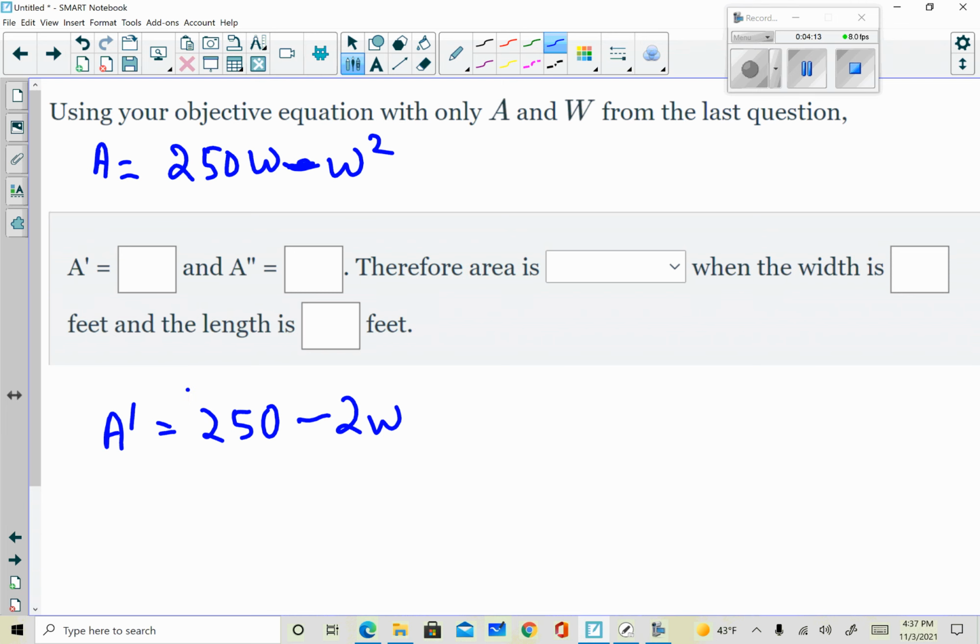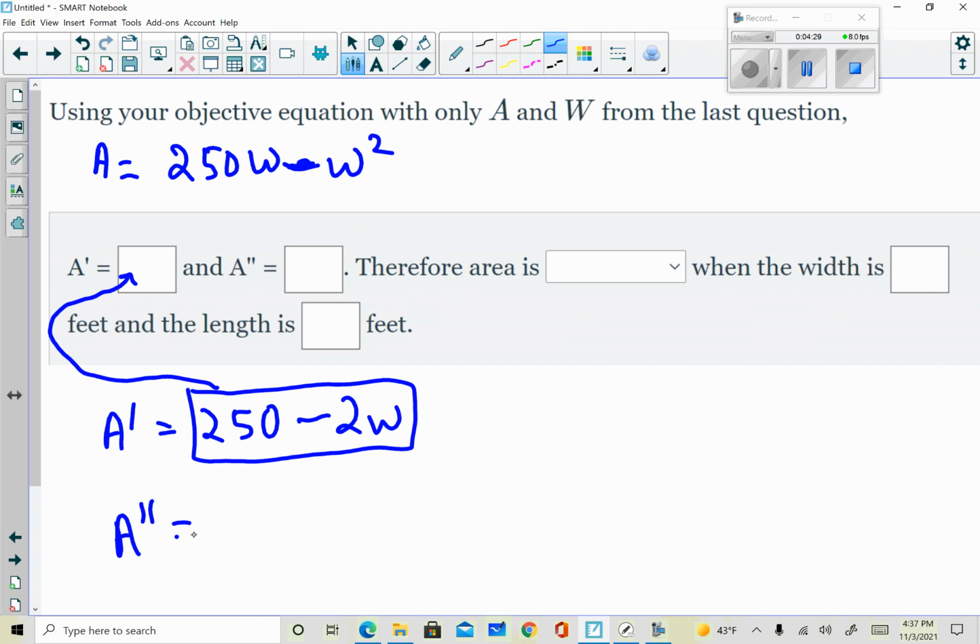And this is what you would put into that box. On Delta Math, as you type something, the box gets bigger to fit whatever you're typing. A double prime, the derivative of A prime, is 0 minus 2. A double prime is negative 2.